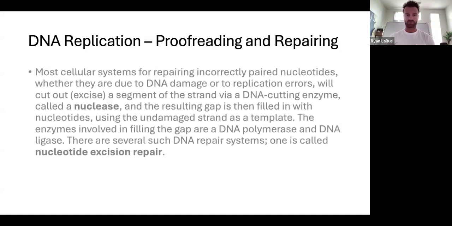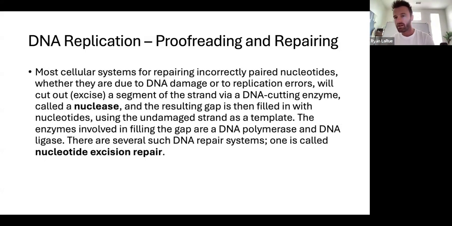Now this is kind of wordy, but it's all on D2L for you. It's just phrased really well, so I wanted to keep it wordy. But essentially, if there's damage or replication errors, a classic example of a mismatch repair system is nucleotide excision repair. There's a type of enzyme called a nuclease, and a nuclease will cut DNA.